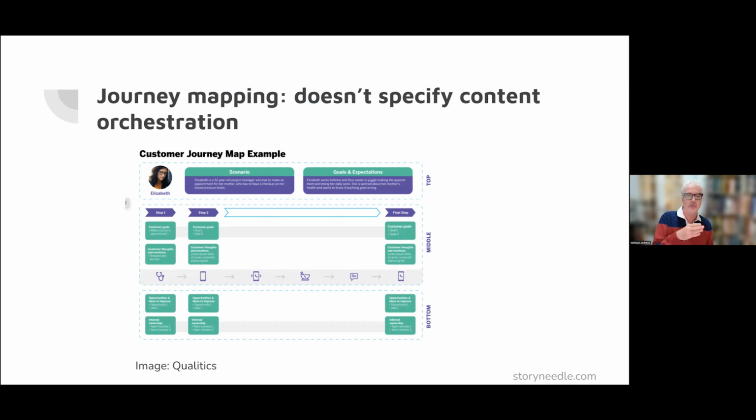You walk through how the user would ideally want to work through that scenario, the different steps they would be taking, the different expectations they would have, what they would need to have available to them to satisfy those expectations, things like that. So that is really handy stuff. But journey mappings don't get into a lot of detail about specifying what content is needed to be orchestrated.